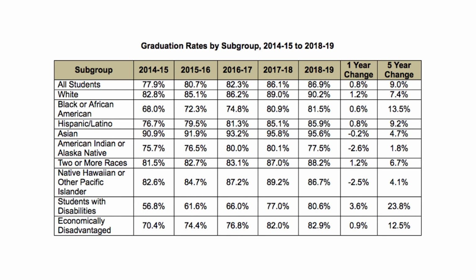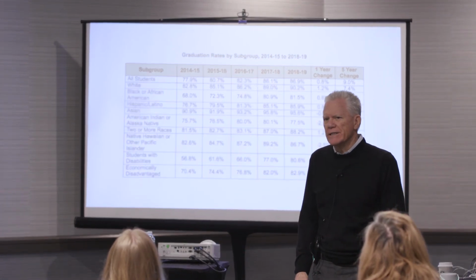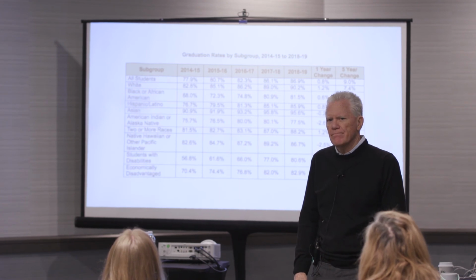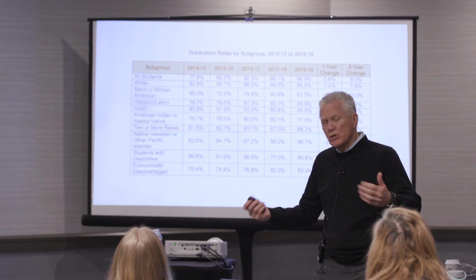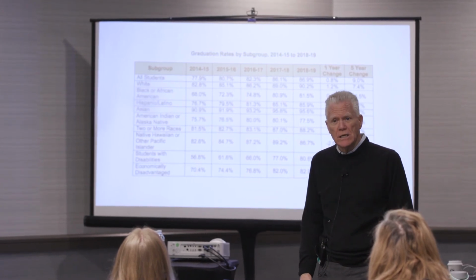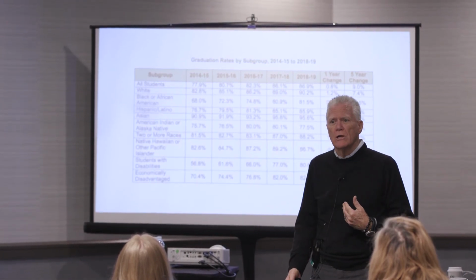Look at the big numbers. All students grew by 9%. Black and African American students grew by 13.5% in that time. And that's also an issue around socioeconomic status, but it's huge. These are typical groups of kids I'm going to show you who struggle.